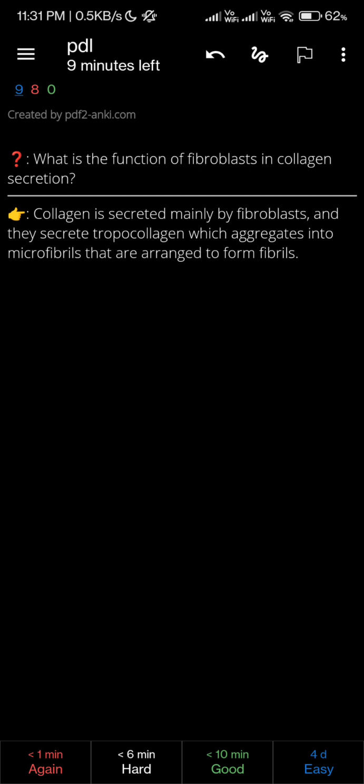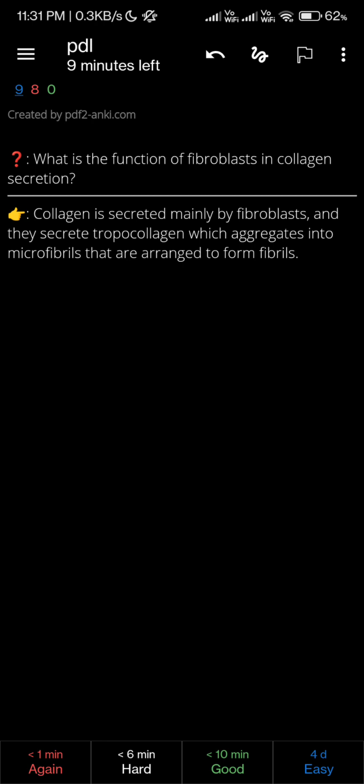What is the function of fibroblasts in collagen formation? Collagen is mainly secreted by fibroblasts, which form tropocollagen.